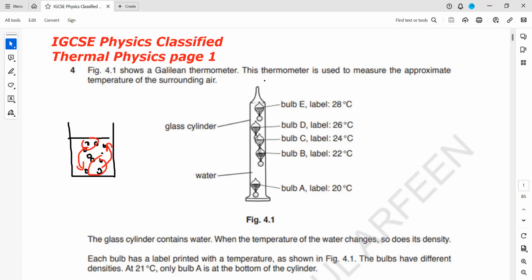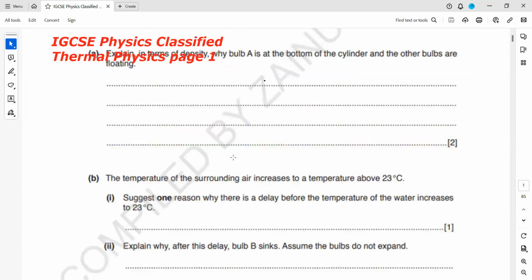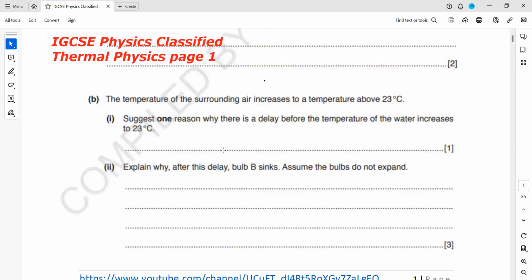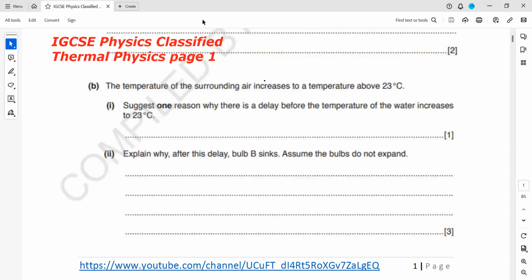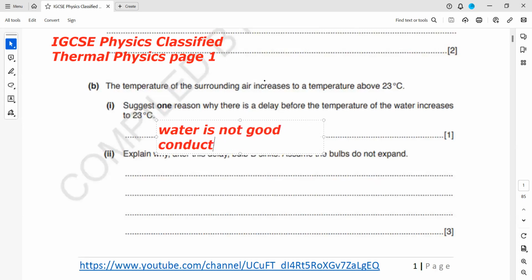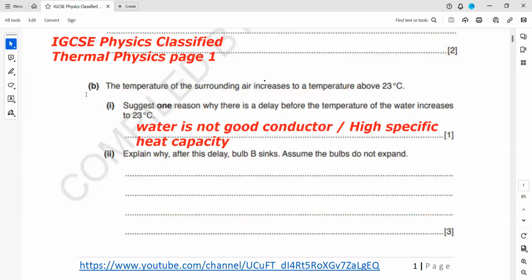When a substance has a high specific heat capacity, it will absorb a greater amount of energy and show a very small change in temperature.